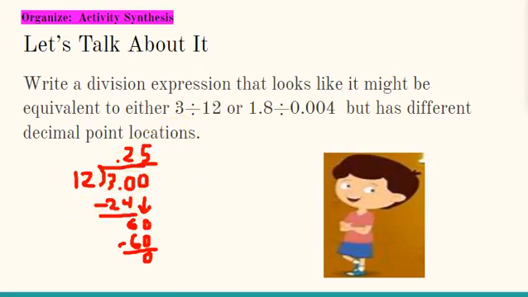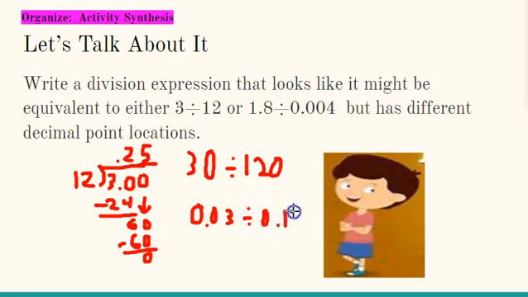Well, as long as you change the things the same way, like if you do 30 divided by 120, or if you do 3 hundredths divided by 12 hundredths, the point is, and we could do hundreds of these, that as long as these digits have been changed by the same power of 10, it doesn't matter.